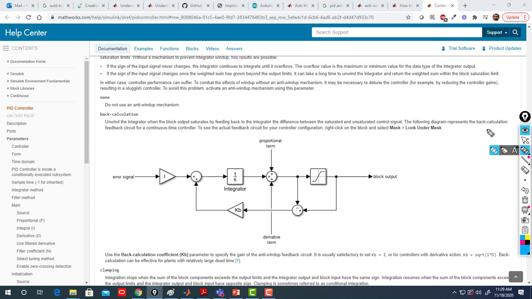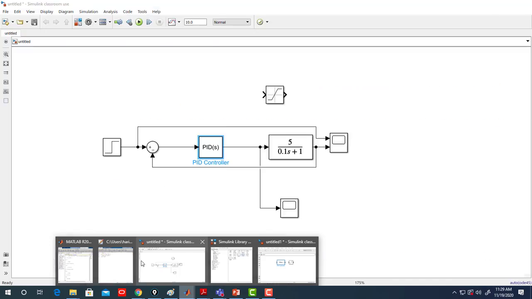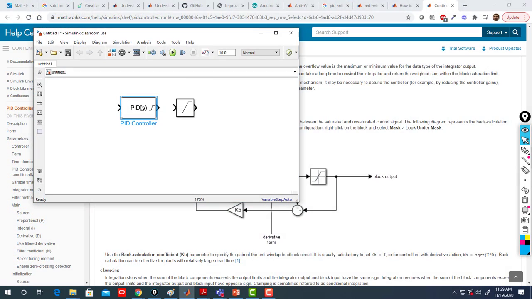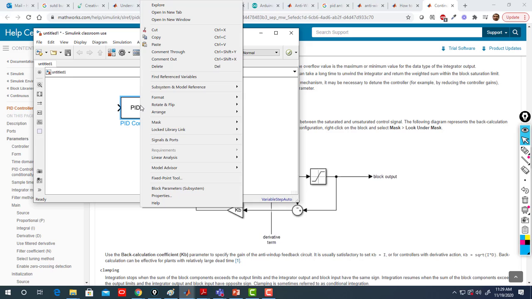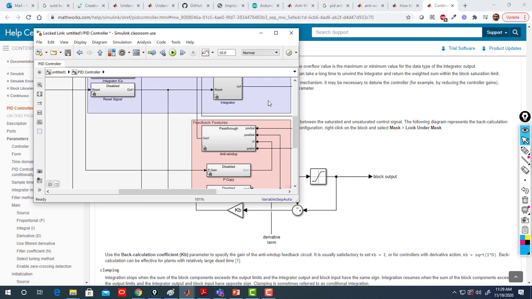The following diagram represents the back calculation feedback circuit for a continuous time controller. To see the actual feedback circuit for your controller configuration, they are telling you to right click on the block, select mask, and look under mask. In MATLAB, you go to mask and look under mask.